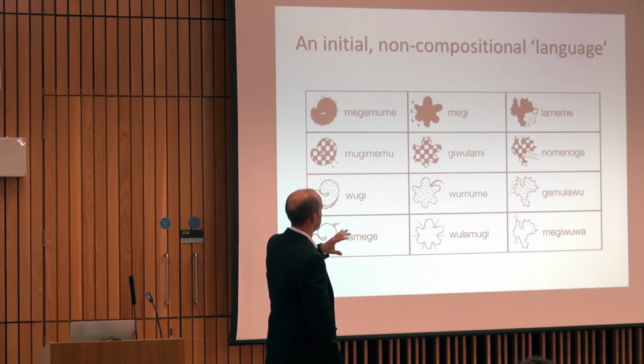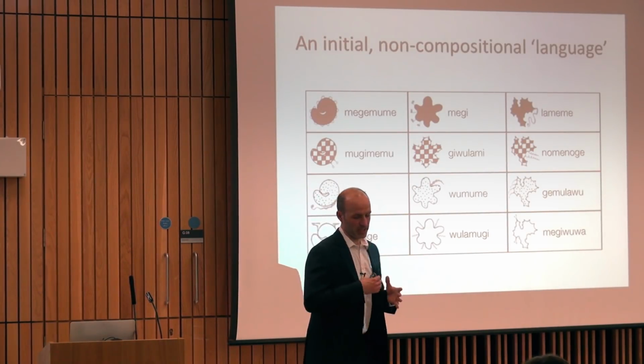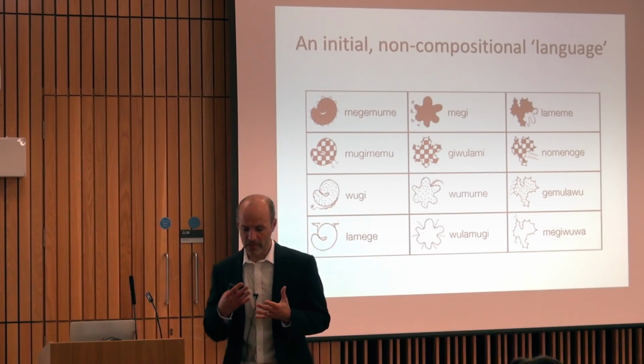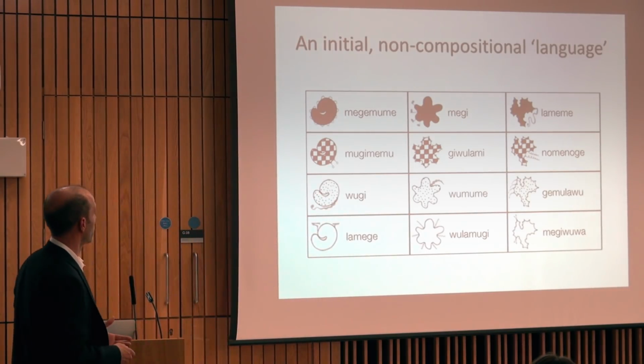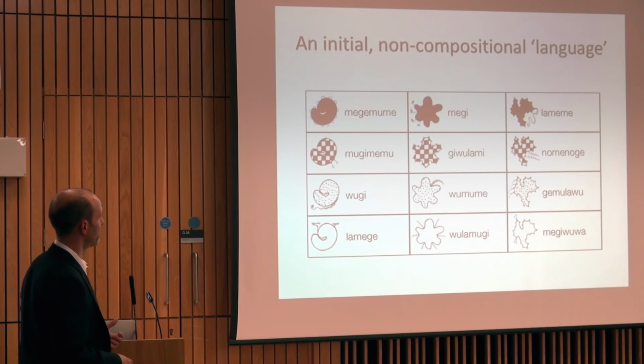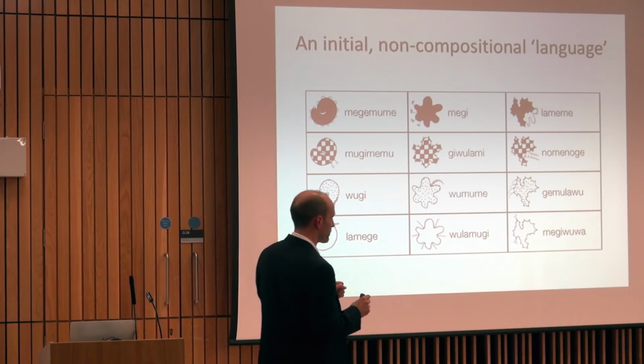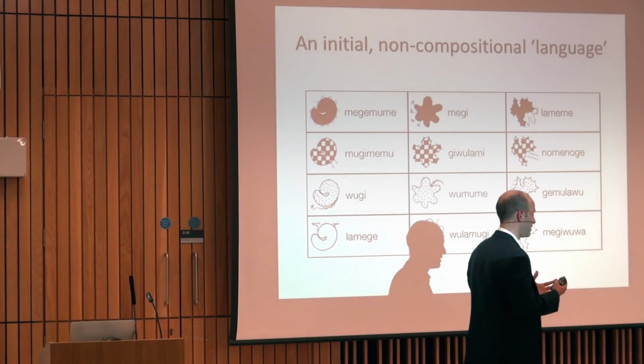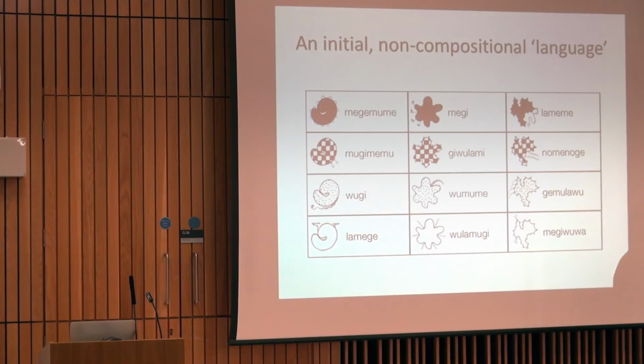In this experiment, we're training participants on a miniature language for labeling 12 objects. You can see the 12 objects here. There are three shapes: a beanie one, a flowery one, and a spiky one. Those shapes differ in their fill pattern: black, checked, spotty, or white. The initial language we asked our first pair of participants in each chain to learn didn't have any compositional structure.